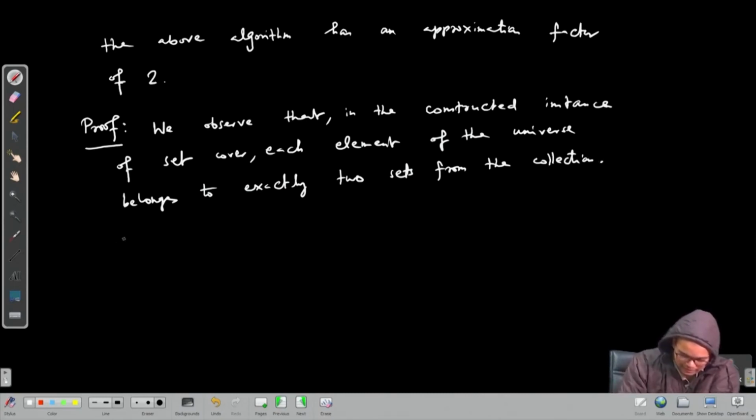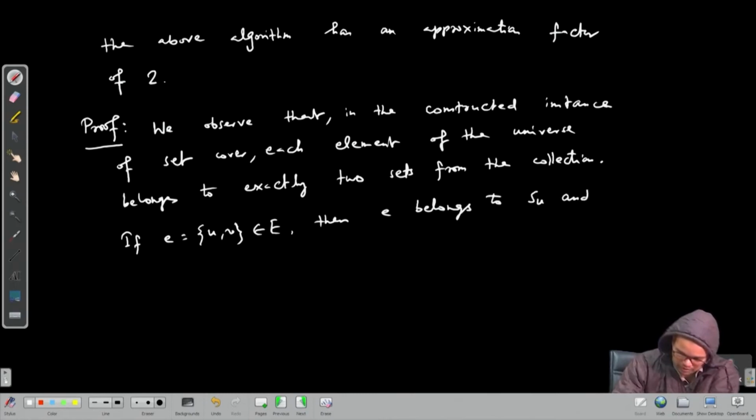That is, if e equal to, say, (u, v) is an edge in G, then e belongs to S_u and S_v only.